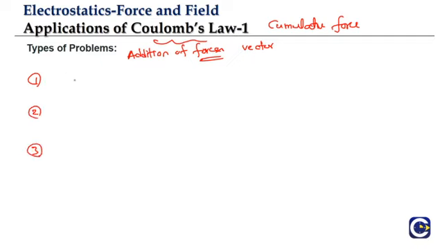One, where we will have the forces to be either parallel or anti-parallel. In the parallel case the net force will be simply the sum of the forces, because if vectors are in the same direction we will simply add them. That will be the resultant vector.